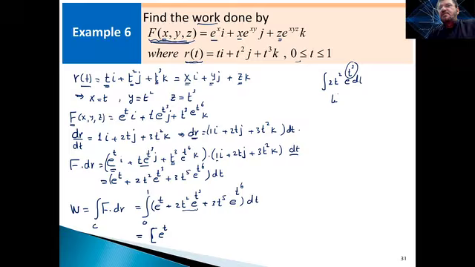So here we let u equal to t cubed. So du is equal to 3t squared dt. I have t squared dt, so I'm going to divide by 3. So du over 3 is t squared dt.